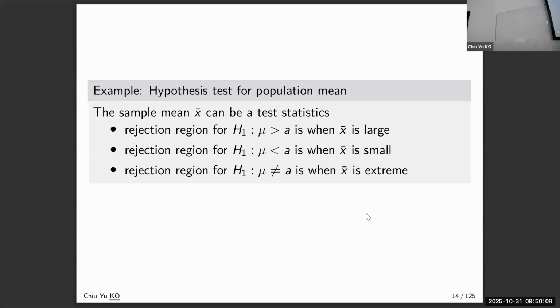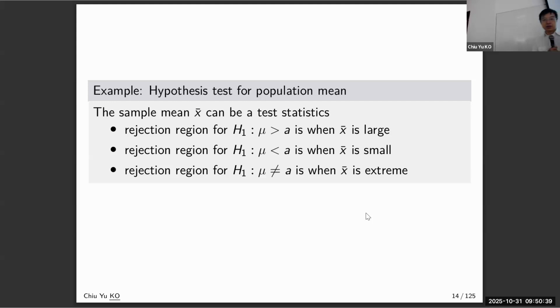Okay. And hypothesis testing will be using a test statistic, the sample mean, and if the sample mean is very large, right? Then we would probably be in favor of H1, right? Because we want to say whether the data is in favor of a large mean or not, right? When we find out the sample mean is very large, then we tend to believe that the population mean would not be that small, right? So when the sample mean is very large, then you would say it supports that mu is large as well.